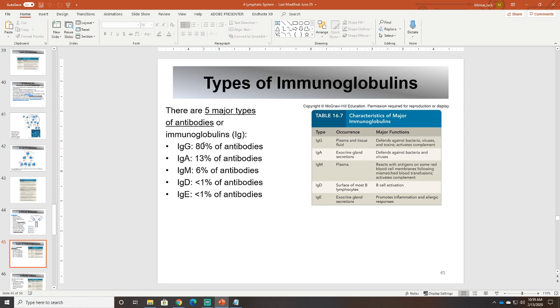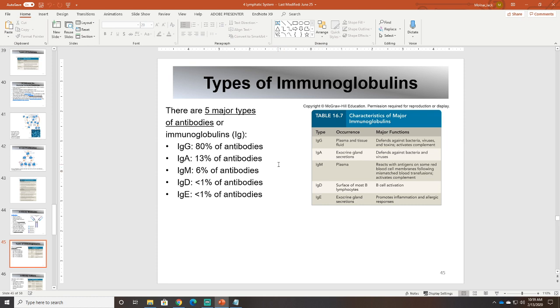The most common type, IgG, makes up about 80% of the antibodies, and so it's the main immunoglobulin, the main antibody. The IgG antibodies circulate through the blood, and they bind to and mark for destruction all of the pathogens that they're specific for. So whatever pathogen they're specific for.